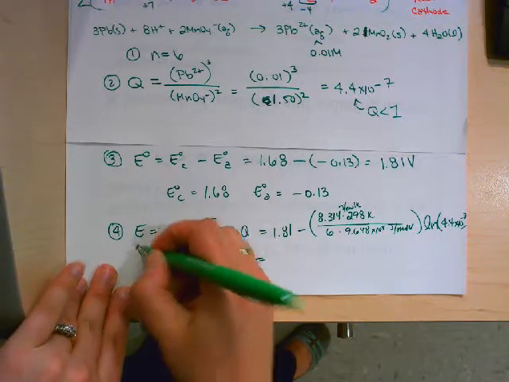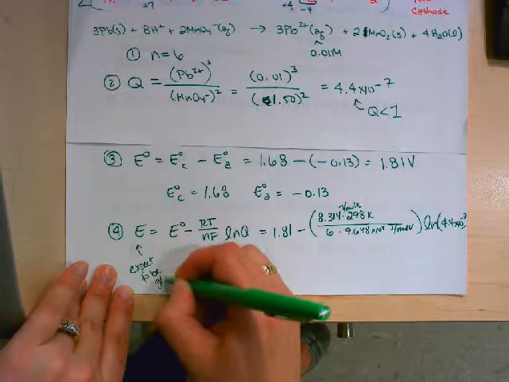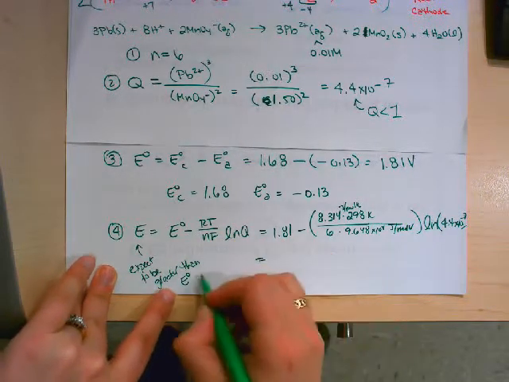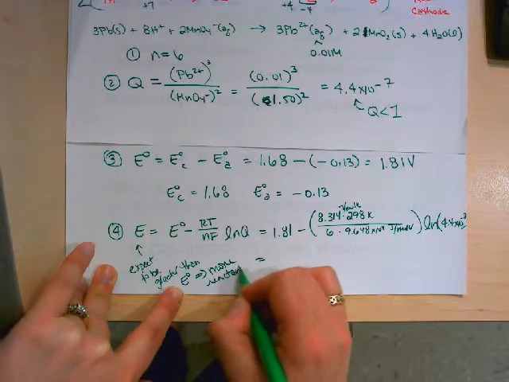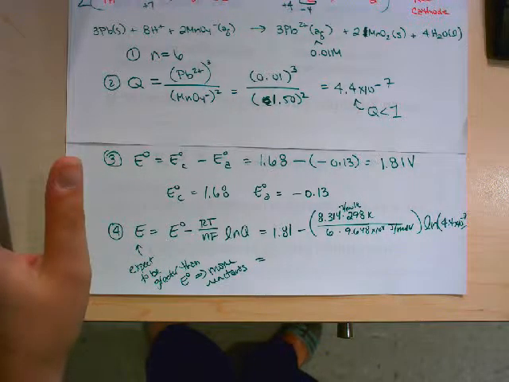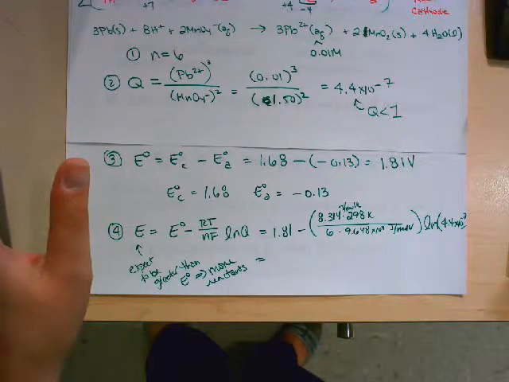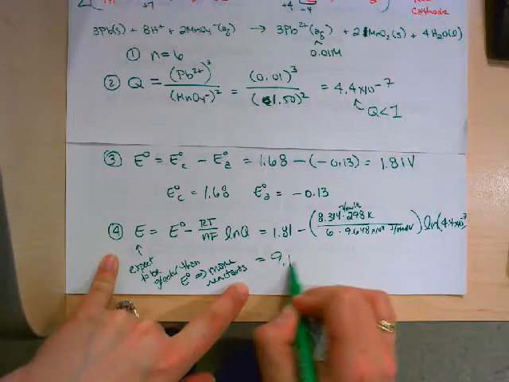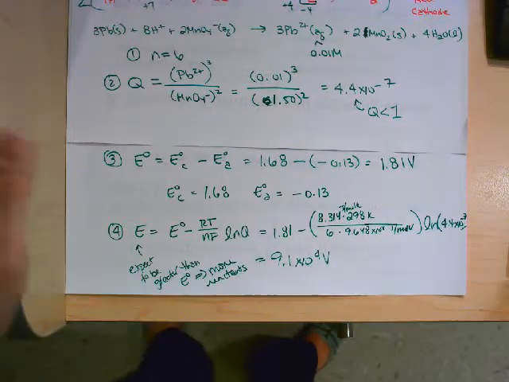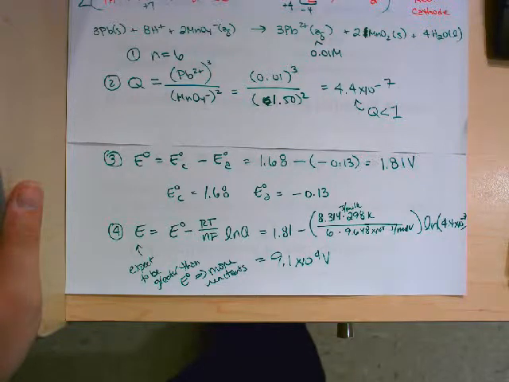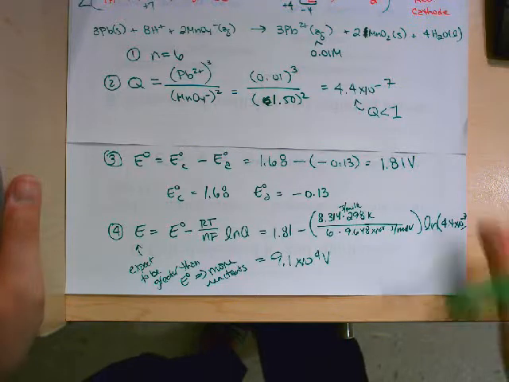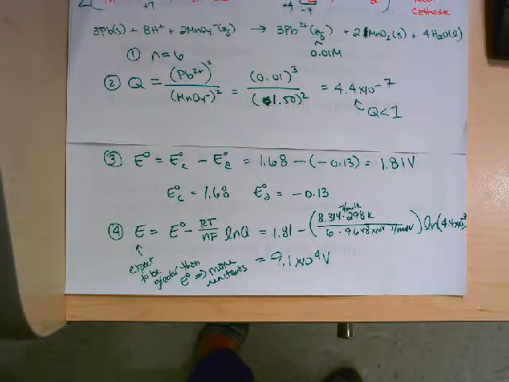Where's the... No. No. Alright, let me try this. .87 times 10 to the 4th?